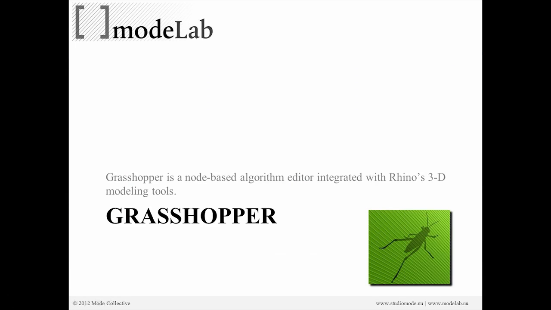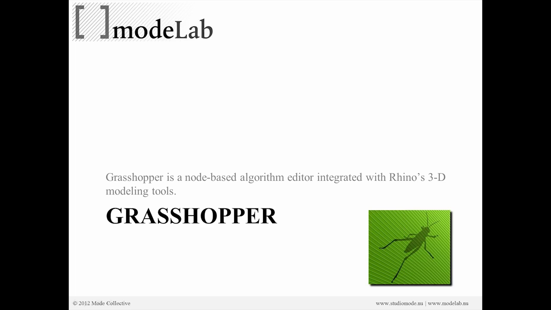Okay, so this is paneling surfaces with Grasshopper, and hopefully you have a little bit of experience with Grasshopper at this point, and maybe you were able to review the webinar that we shared with everyone online. But we're just going to recap very quickly what Grasshopper is. It's a node-based algorithm editor integrated with Rhino 3D's modeling tools.